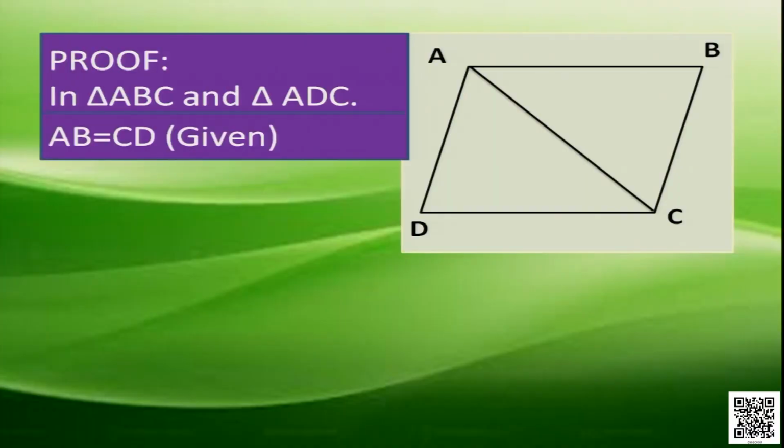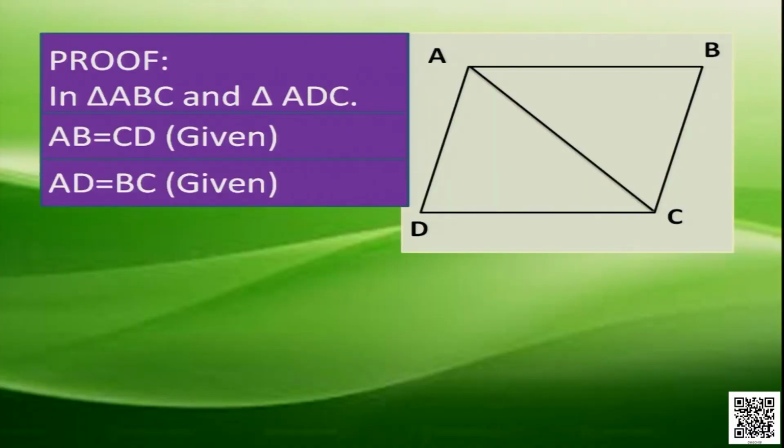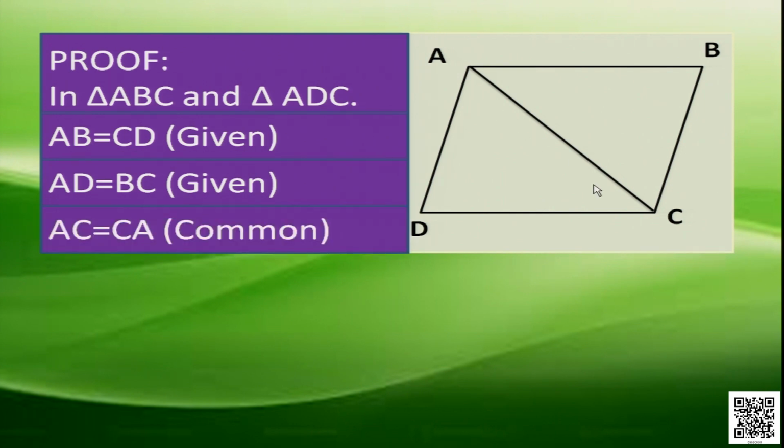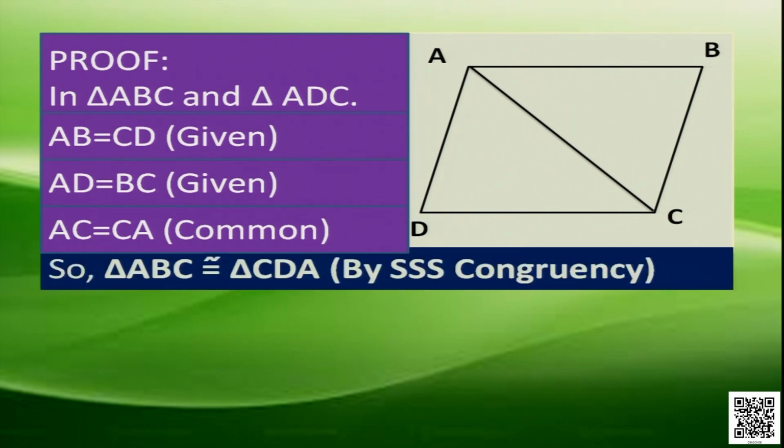So, we can write AB is equal to CD as it is given, and AD is equal to BC, it is also given, and this AC is the common side. Now, here three corresponding sides of two triangles are equal. So, triangle ABC is congruent to triangle CDA by SSS congruency.